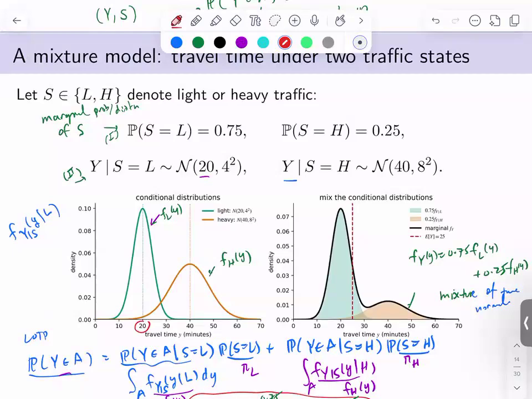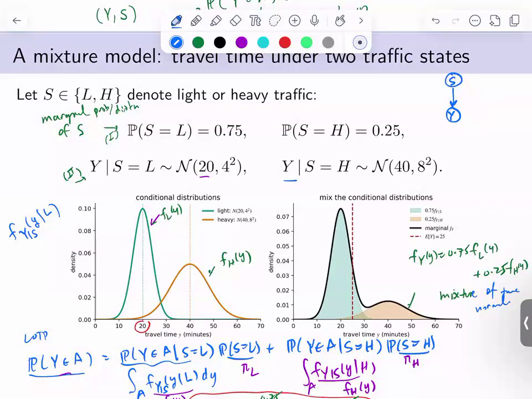These mixture models are very common in statistics. And you can see, if I wanted to use a Bayesian network, this is the simple case where S implies Y. It's saying S is determined first, and then given S, Y is determined.